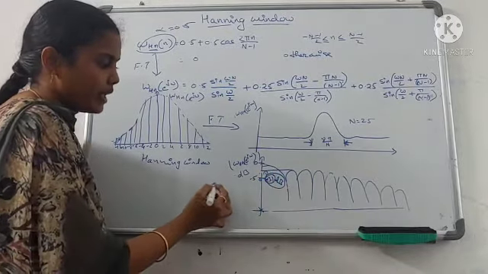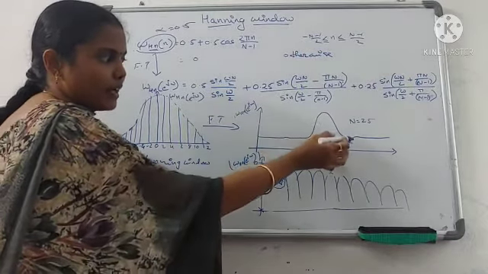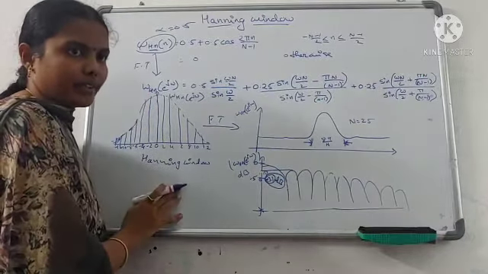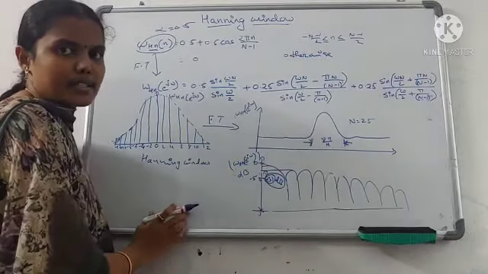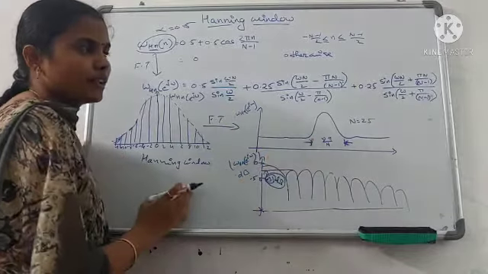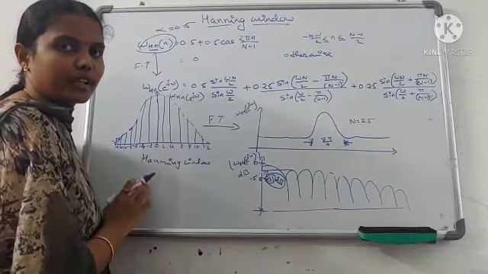That means there is a smaller number of ripples in the passband and stop band compared to the rectangular window. And this is twice that of the rectangular window.